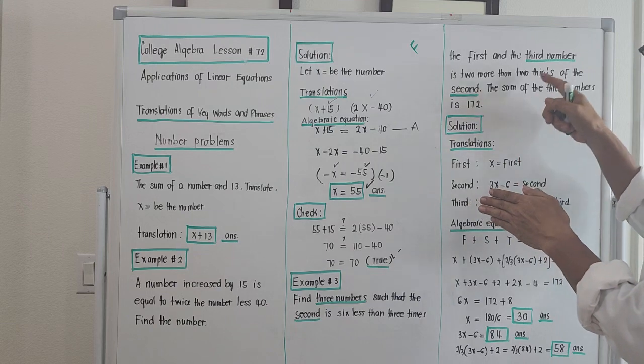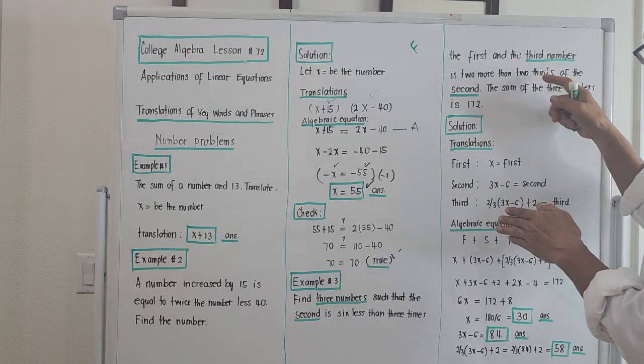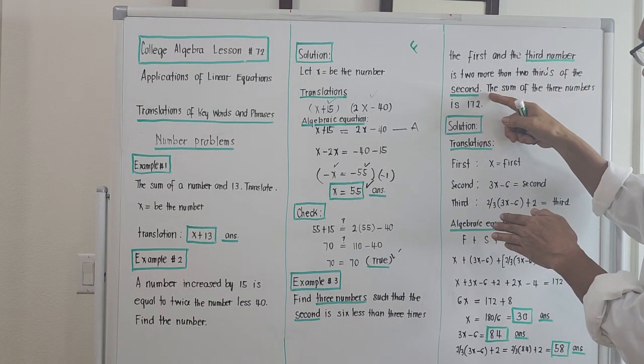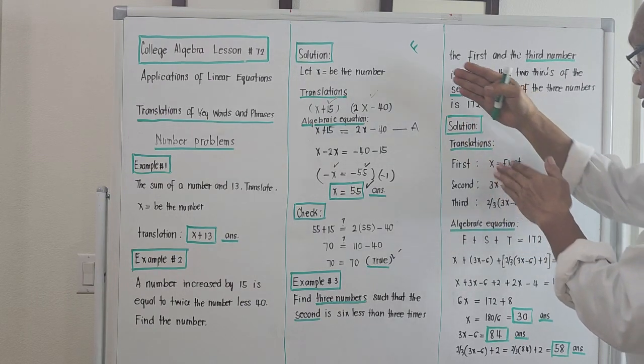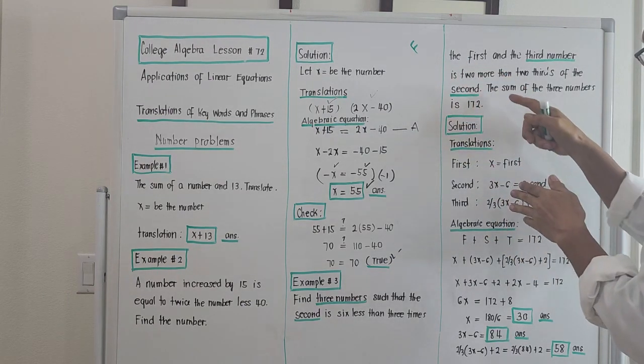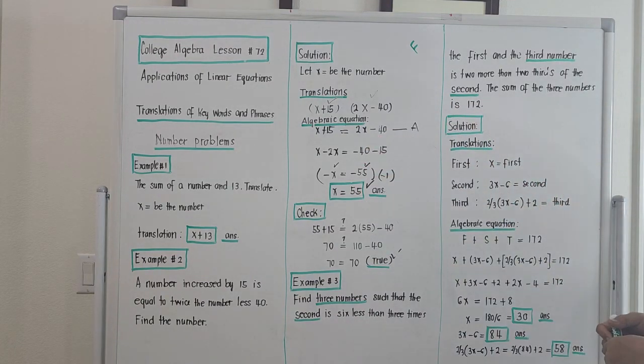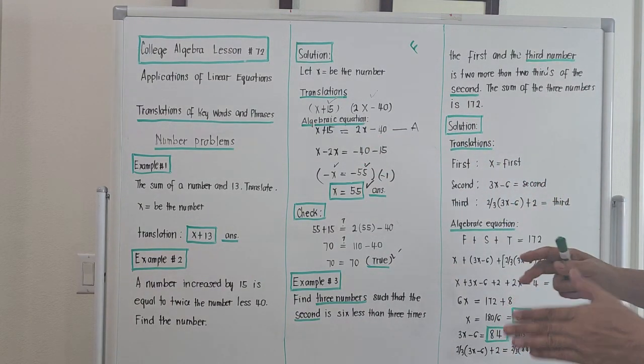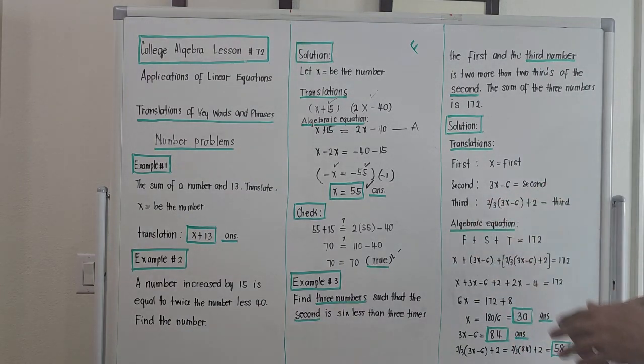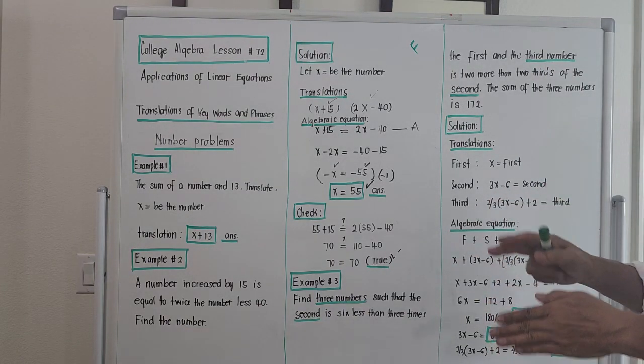And the sum of the three numbers is 172. So actually the key to the solution is the first number. That will be our reference number.